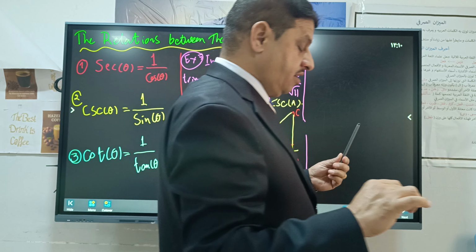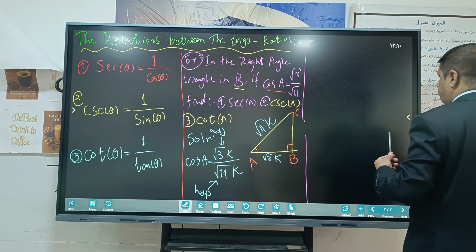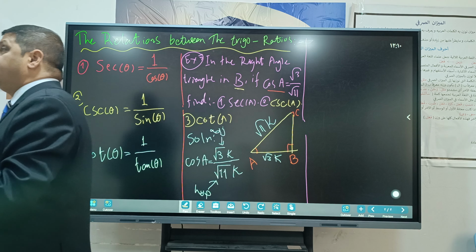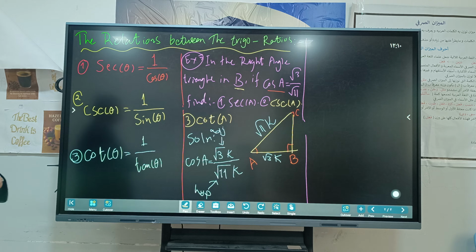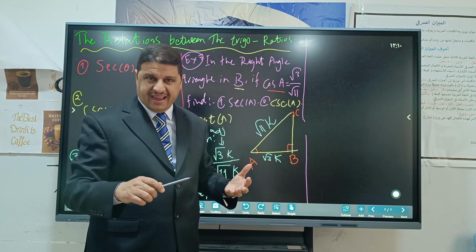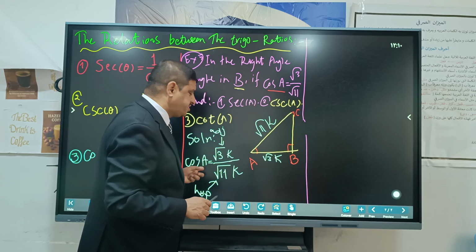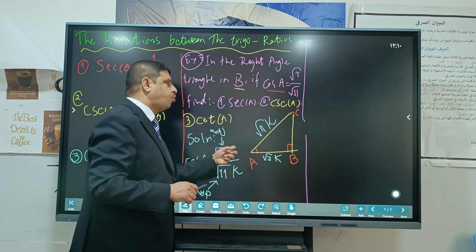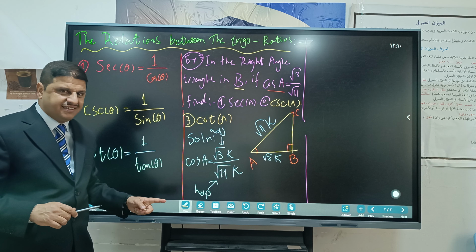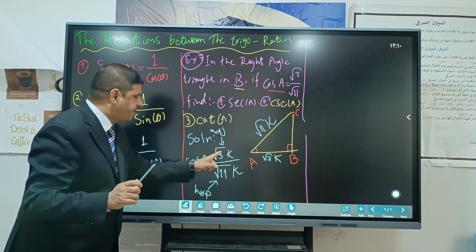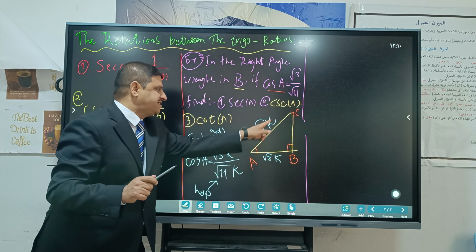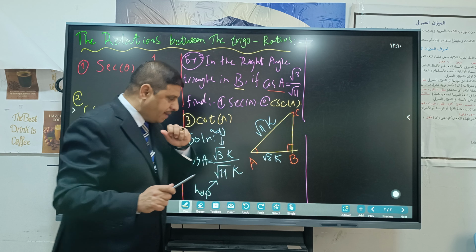Any quantity or any trigonometric ratio he gave me in the example, I return it to its origin. Its origin here is the cosine. The cosine equals the adjacent divided by the hypotenuse. Right? Here is the adjacent. Here is the hypotenuse.